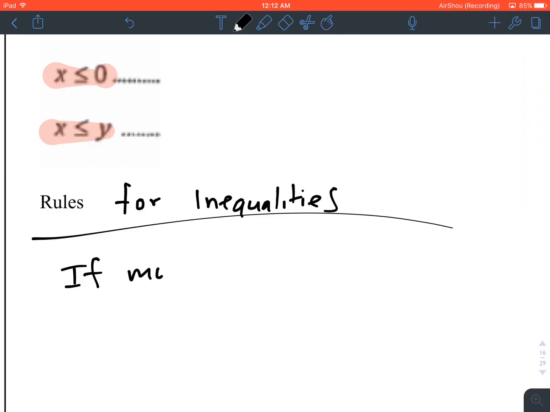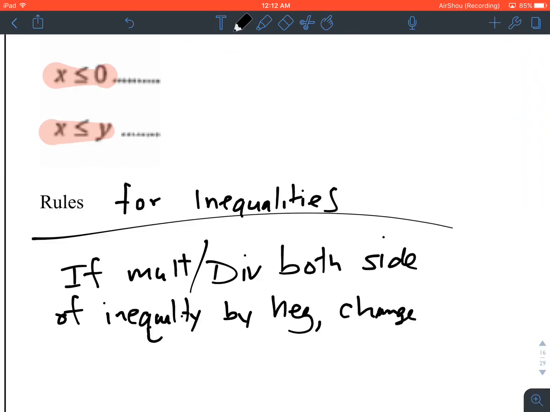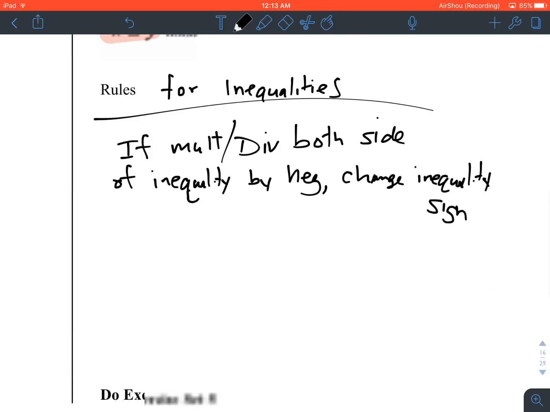If you multiply or divide both sides of an inequality by a negative number, then you have to change the inequality sign. So here's what that means. A lot of words. Here's what it means.